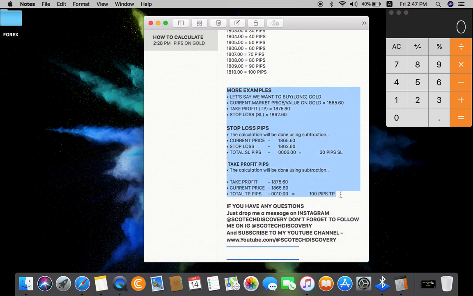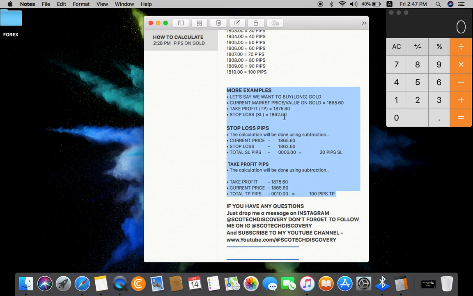We're looking at this side. We said let's say we want to buy long, which is gold. The current market price value on gold is 1865.60. Take profit, we want to calculate the pips, 1875.60, and stop loss is 1862.60.